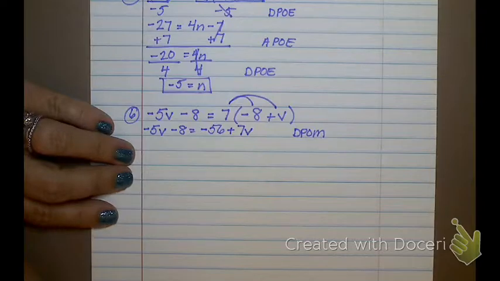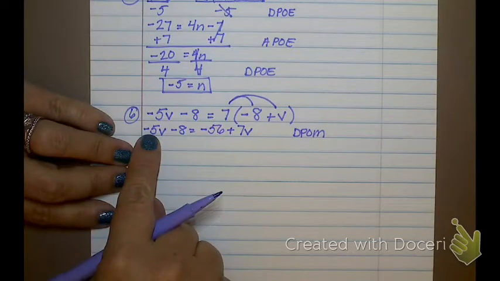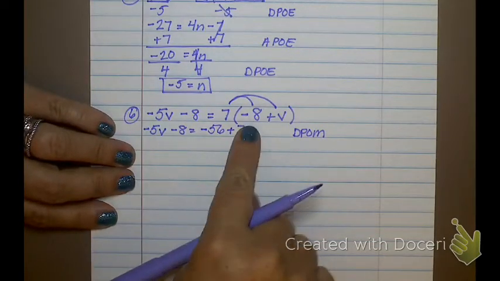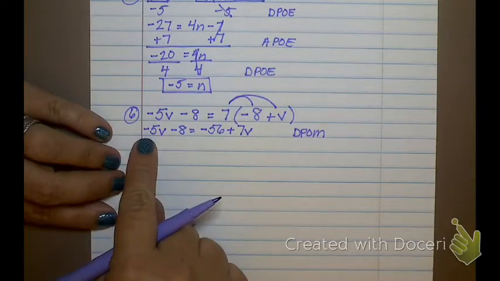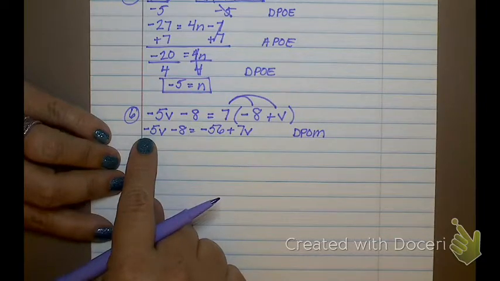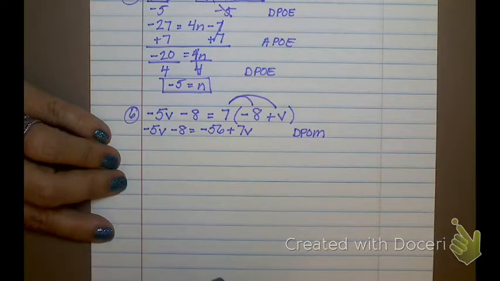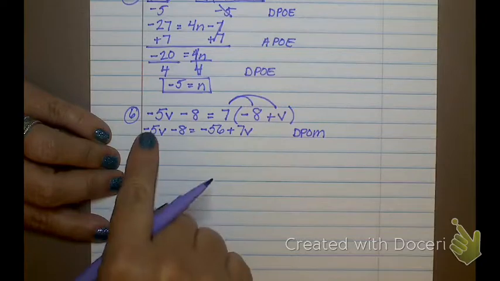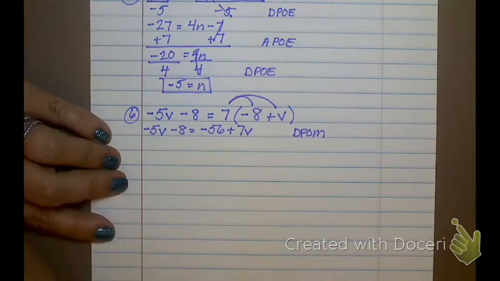So my next question is, do I want to move the 5v over to the right or the 7v over to the left? Does it matter? It doesn't matter as long as I get them together. I personally try to keep numbers positive just so that my life is a little bit easier. So if I wanted to keep my numbers positive, am I going to move the 5v or the 7v?